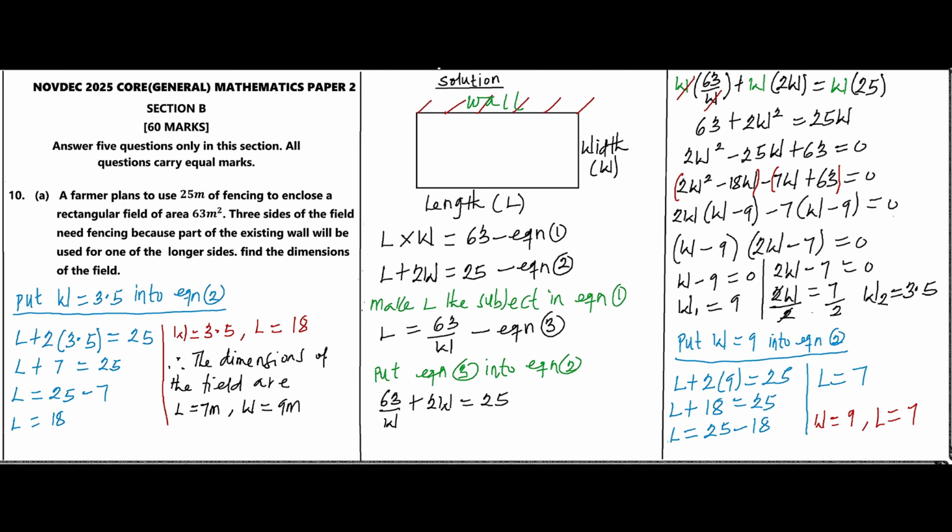That is one instance. Or you can also have the length being equal to 18 meters and the width being equal to 3.5 meters.